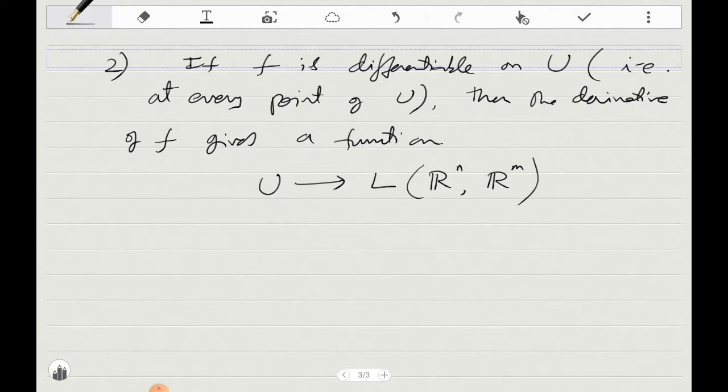Okay, so that's that, and then finally an example of a differentiable function. So let f itself be a linear function, f of x equals Ax, where A is an m cross n matrix.